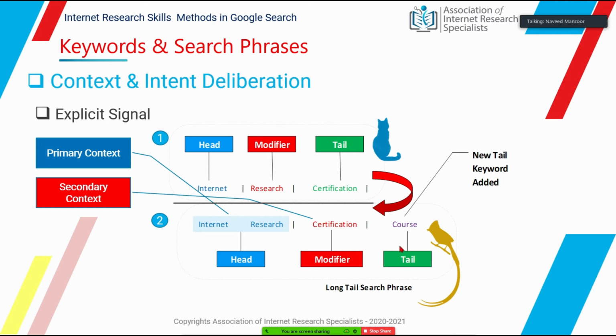And the third concept, for which I don't have a slide, is short tail and long tail. Short tail means that you have fewer keywords, so you are expanding your search and you will get a lot more search results.